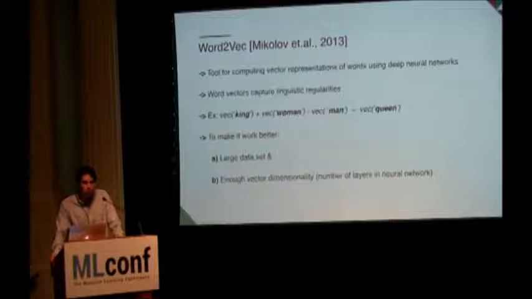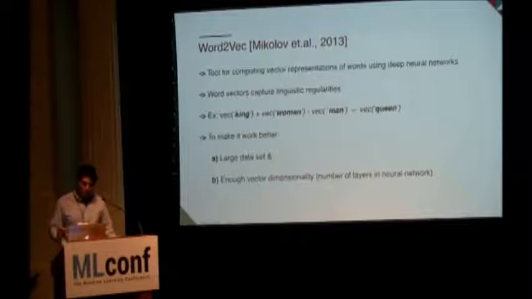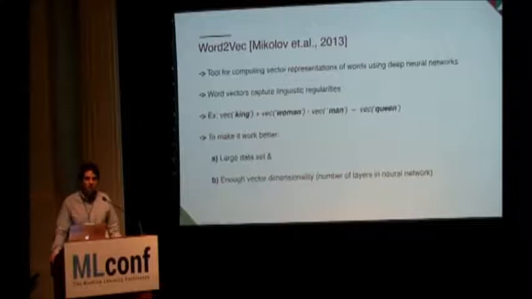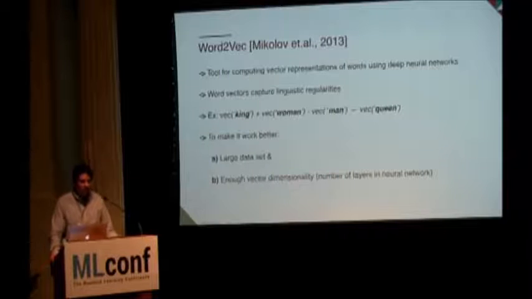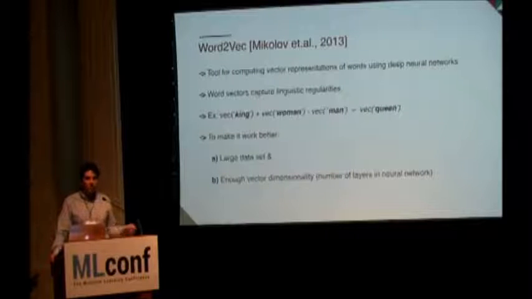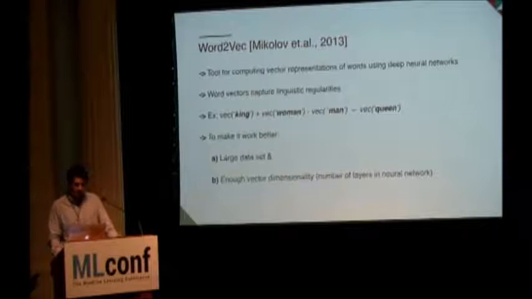To give you an example, the vector associated with the word king plus the vector associated with the word woman minus the vector associated with the word man, hopefully is going to be close to the vector associated with the word queen. And I say hopefully because you need to make it work, and for this you need enough data and enough vector dimensionality and some other parameters that I will mention later.